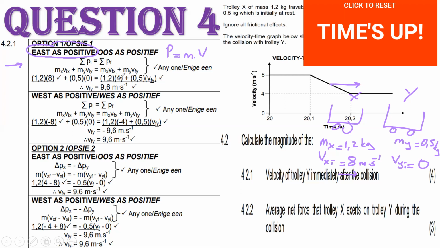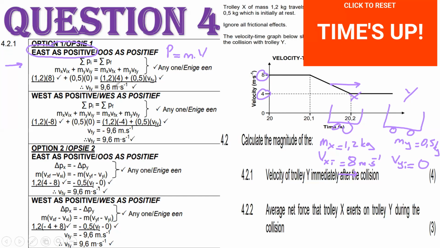And mx is 1.2 for X, and v final is 4. How do we know that? It is not given in the question, but it is given in the graph. Initial is 8. After collision, as you see, it changes to 4, but still in the same direction because it is still positive. We are using positive 4 plus 0.5 times v final y.